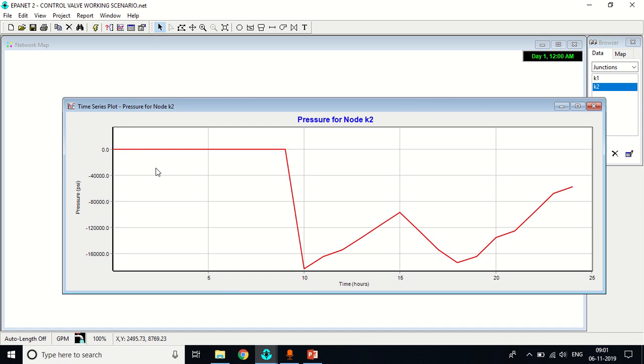Okay, just for our understanding, we can see after 10 a.m. the pressure suddenly reduces to a very negative value. That is because there is no supply.